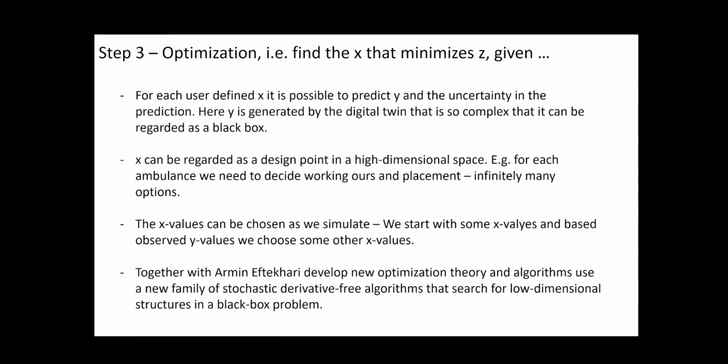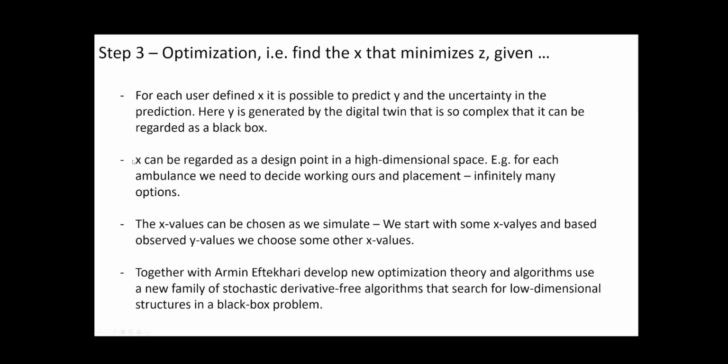And now to what may be the most intriguing step here. So we have a digital twin that enables us to estimate Y with uncertainty for each user-defined X value, or X vector, where X is the defined resource allocation.